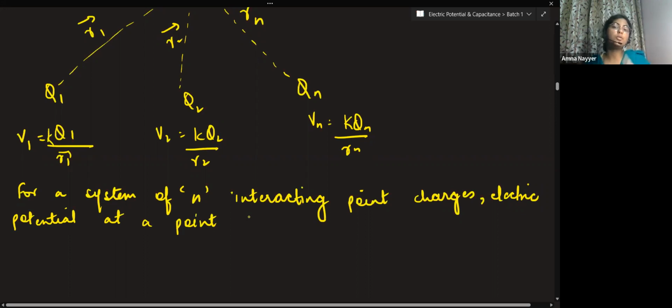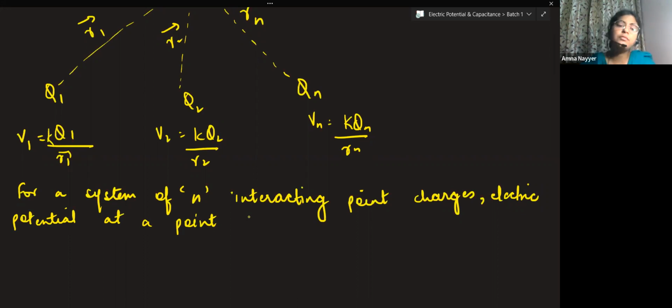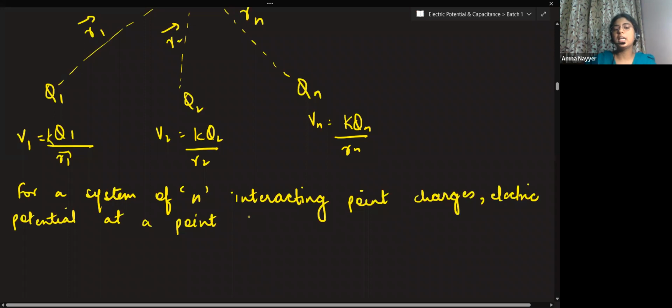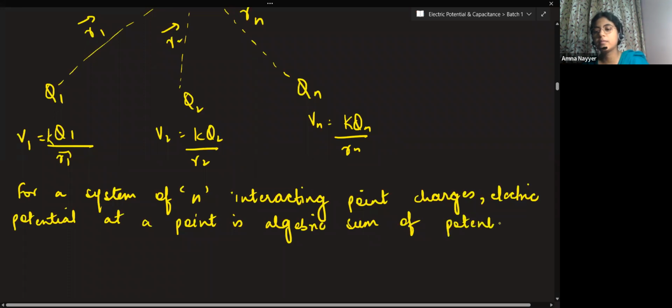Now see, when we did superposition principle, we wrote the same statement. It's just that electric field at a point is the vector sum of individual charges. Here electric potential at a point is the algebraic sum of potential due to individual charges.